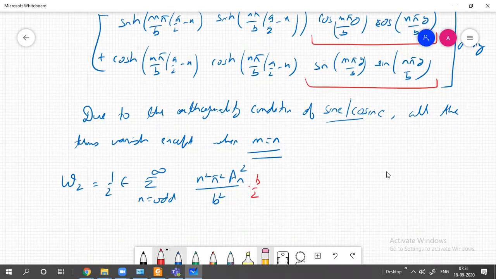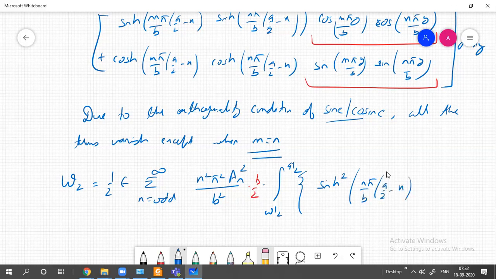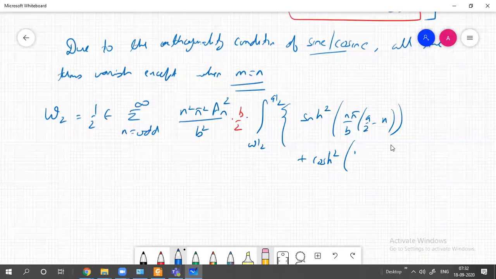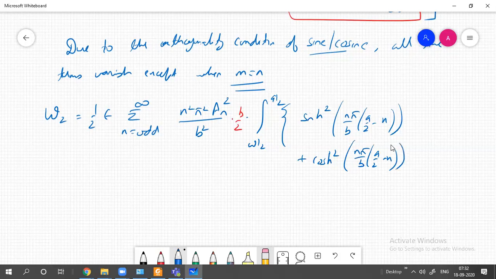And b by 2, and that is x. We'll have integration only in x: sinh squared of n pi by b times (a by 2 minus x) plus cosh squared of n pi by b times (a by 2 minus x), the whole term dx.